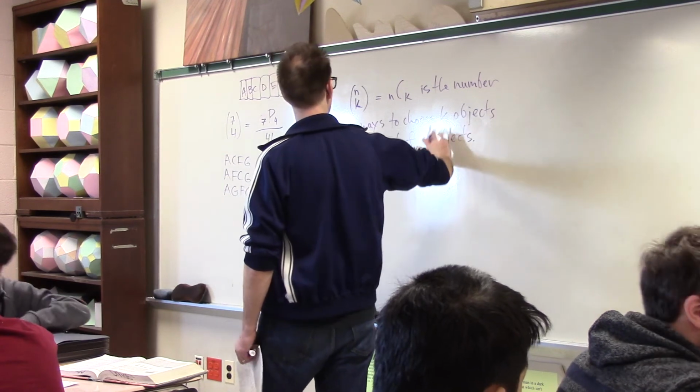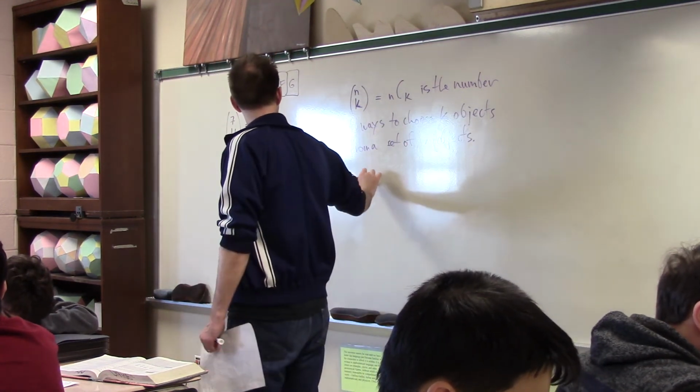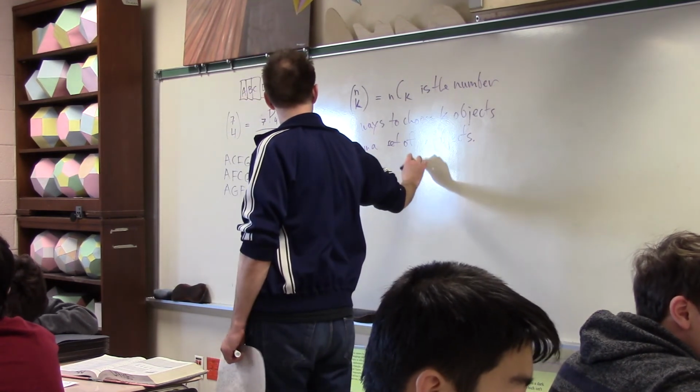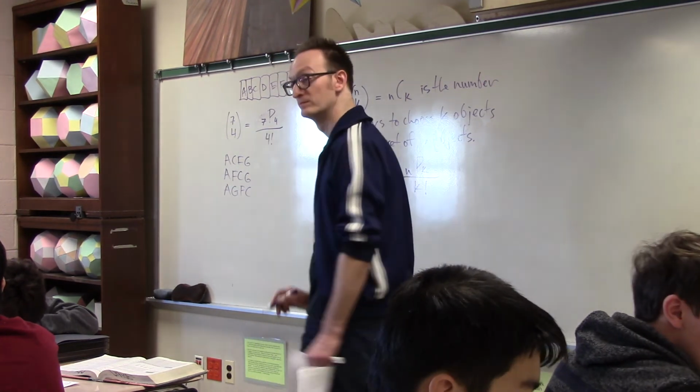And in general, what we have seen is that n choose k is just npk divided by k factorial.